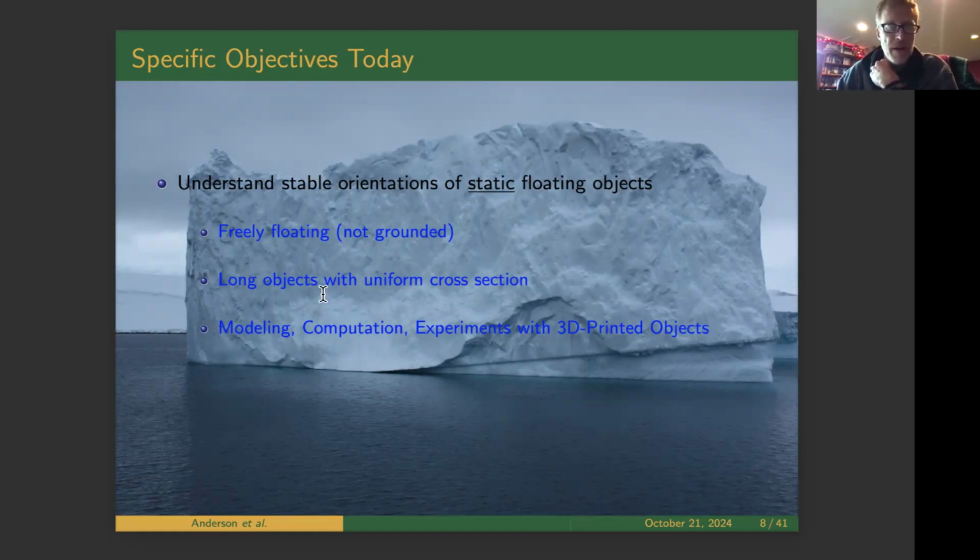And we'll think about a simplification where the object is long in one direction, but with a uniform cross section. So basically two-dimensional mathematical objects, but otherwise pretty general cross section. And so we'll take a look at some modeling, computation, and some experiments with some 3D printed objects.